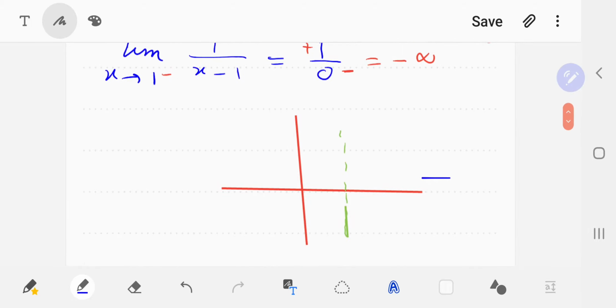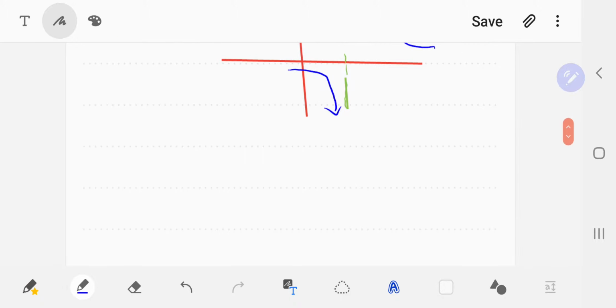So when you approach 1, let's say as a sketch only, from the right the function will approach positive infinity. When you approach 1 from the left side, the function will approach negative infinity. So we may get such a graph, something like this. That's for vertical asymptote as basic info.